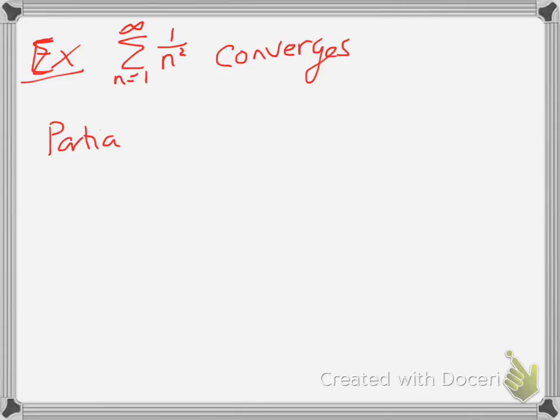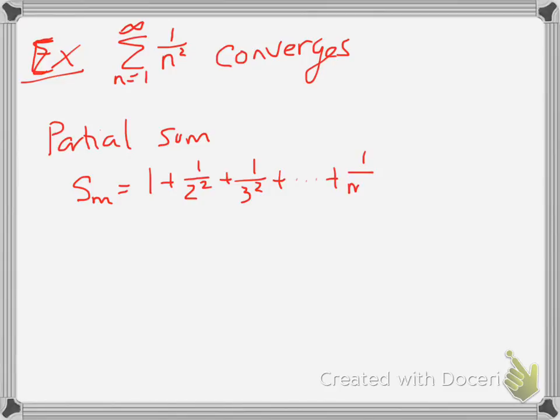The partial sums are Sm, and we're going to add up 1 plus 1 over 2 squared plus 1 over 3 squared up until we get to 1 over m squared.